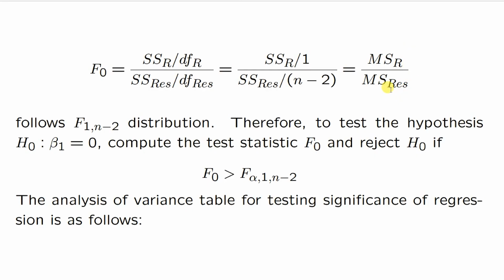So here we can observe that the test statistic F0 follows F distribution with degrees of freedom 1 and n minus 2. And the decision rule is to reject the null hypothesis H0 when the test statistic F0 is greater than the critical value from F distribution with 1 and n minus 2 degrees of freedom at alpha level of significance.